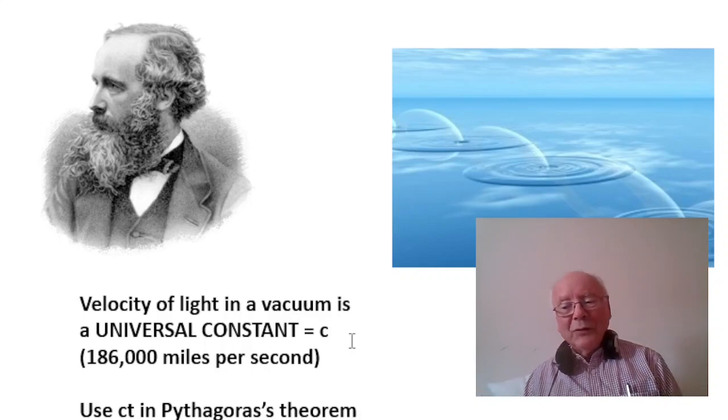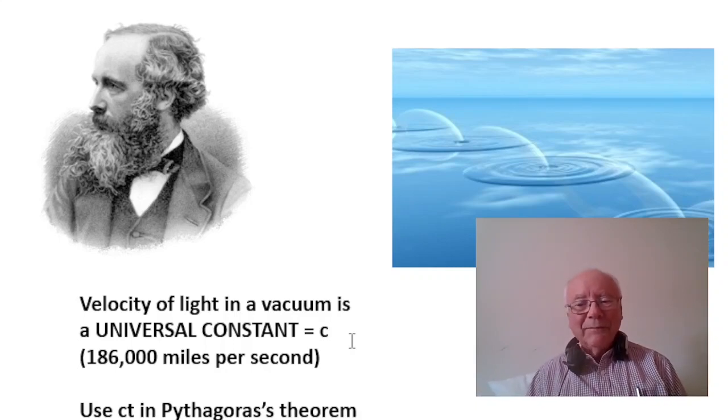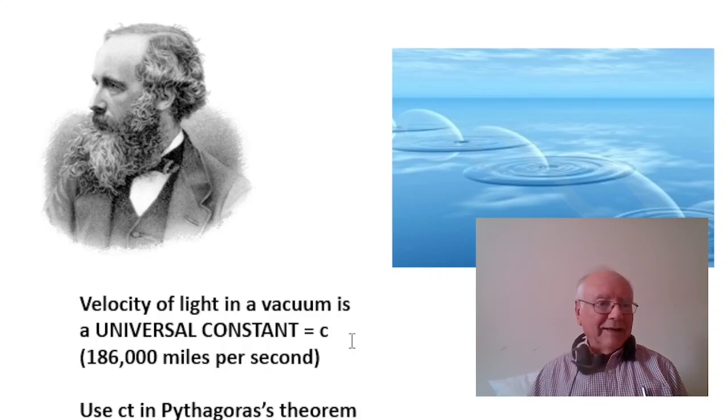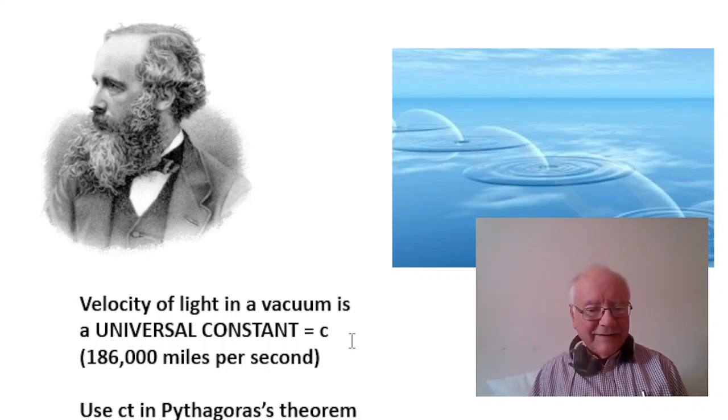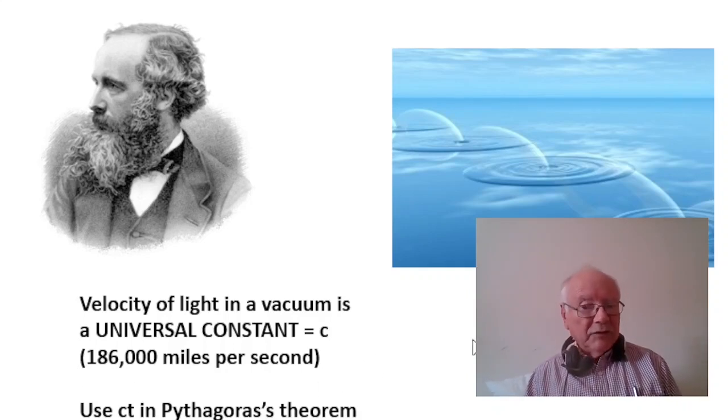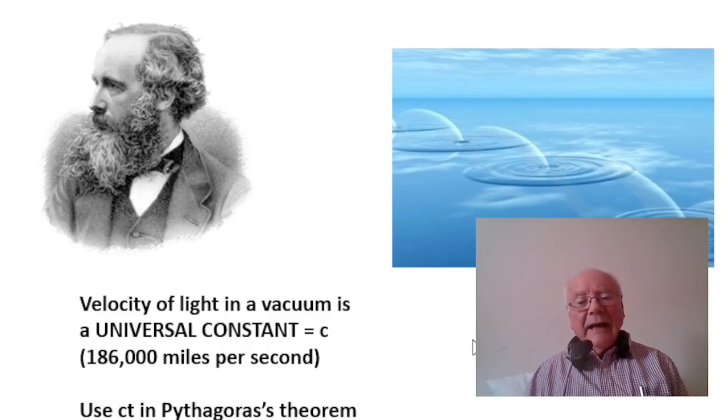So if you have a torch and you switch the torch on, the light comes out at the speed of light. If you have a torch moving at 100 miles an hour and you switch it on, the light still comes out at the speed of light, 186,000 miles a second. It's not dependent on the speed of the torch. And that's what he found.